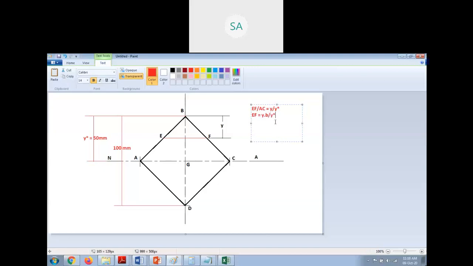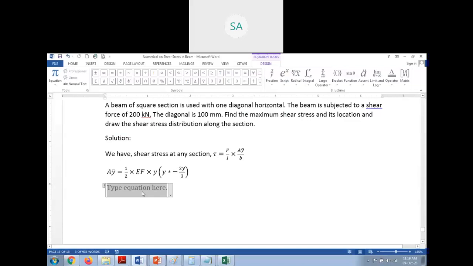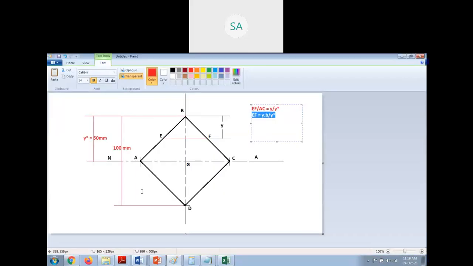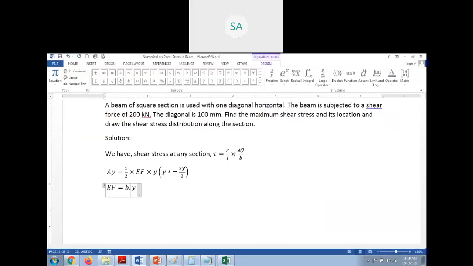I need to derive an expression, so for this reason I'll just keep it like this. So EF is equal to B into y by y star.